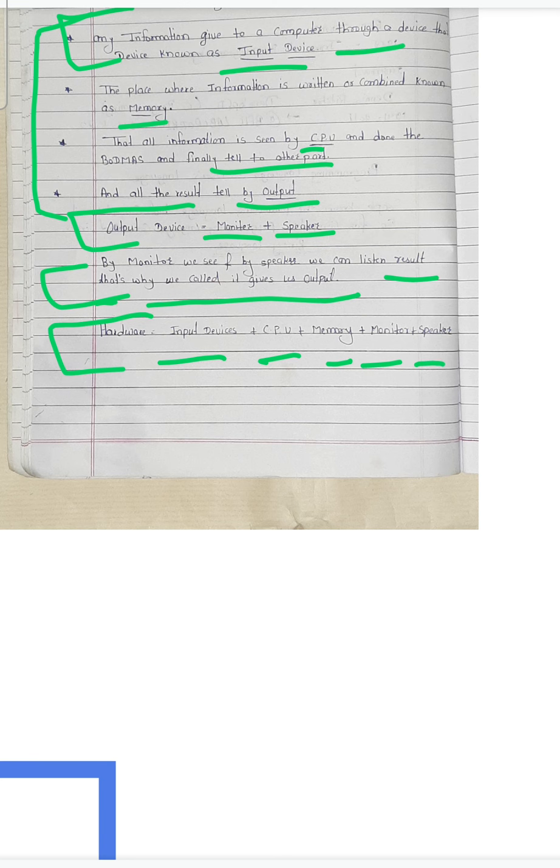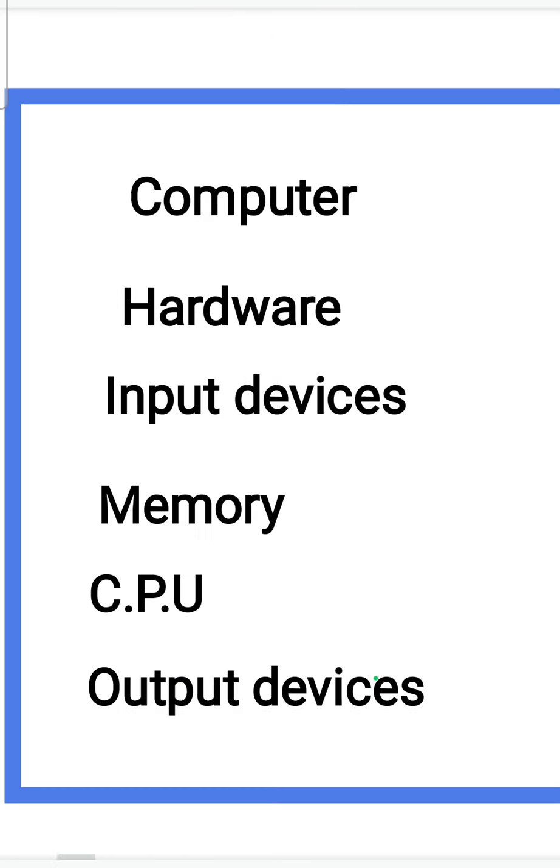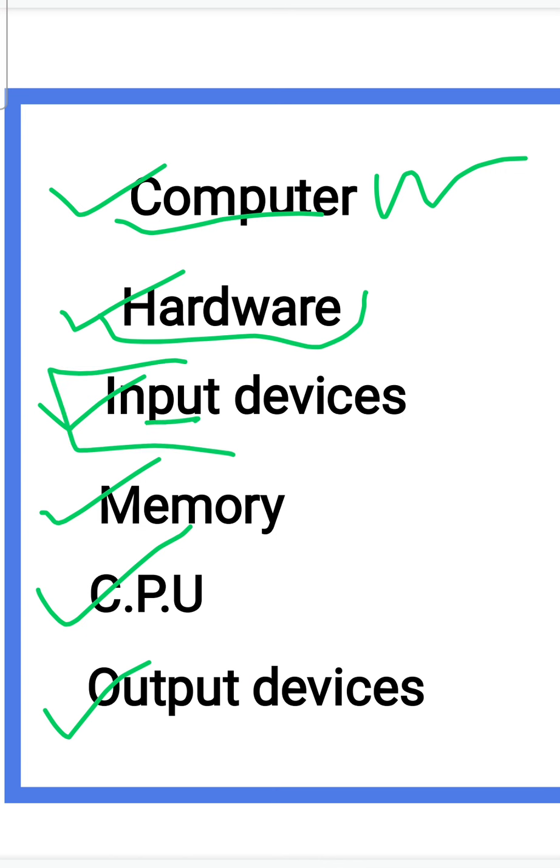Okay, so this is our first lesson in which we studied the computer, hardware, input devices, memory, CPU and output devices. Computer is nothing but hardware and software, by which a computer is made up. Hardware is the physical components of a computer. Input devices are those by which we can input information.